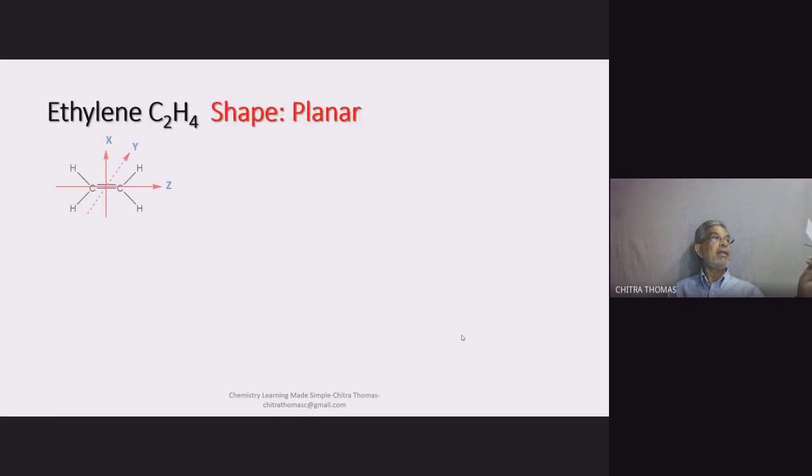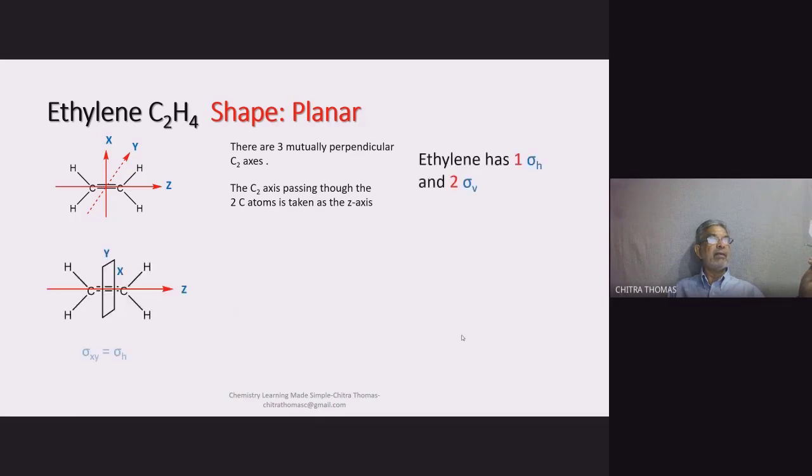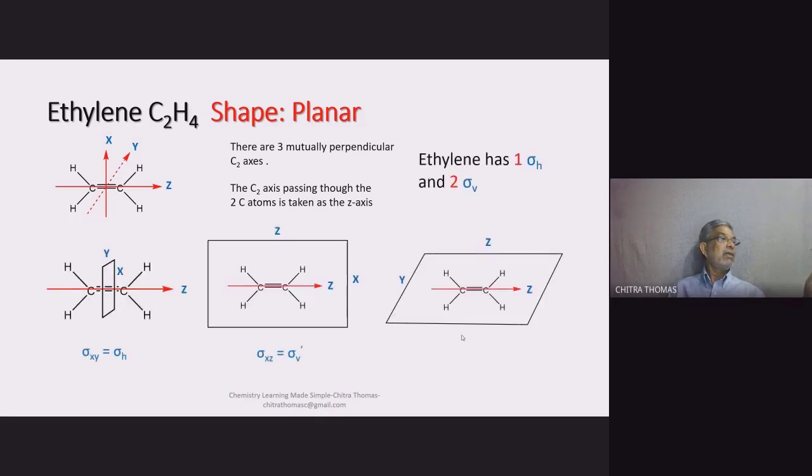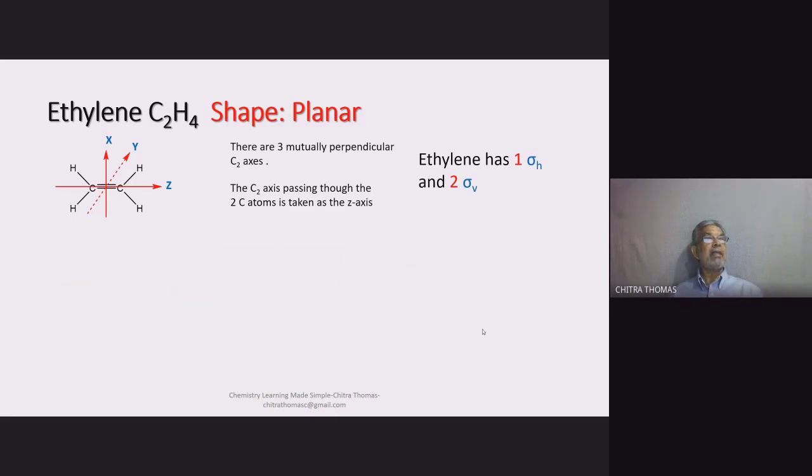Then ethylene. And of course, there are 3 mutually perpendicular planes. So I will just flip it. Look at this. Ethylene has 1 sigma H and 2 sigma V. This is Z. So sigma H will be this XY plane.